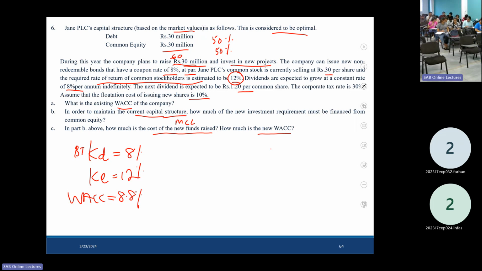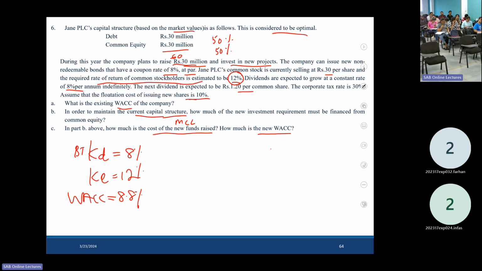You can see here, if you are going to issue new shares, there is a flotation cost of 10%. If you are going to issue new stock, new ordinary shares, the flotation cost is 10%.